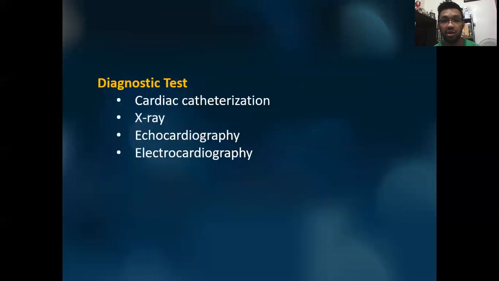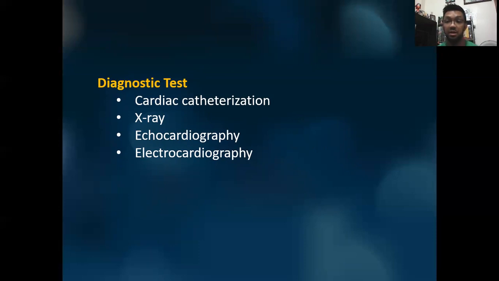Okay, so these are the chambers of the heart. Diagnostic tests: either cardiac catheterization is going to be done, X-ray, and of course echocardiography is done to detect how small the opening is for the valves, or the stenosis is also detected there.